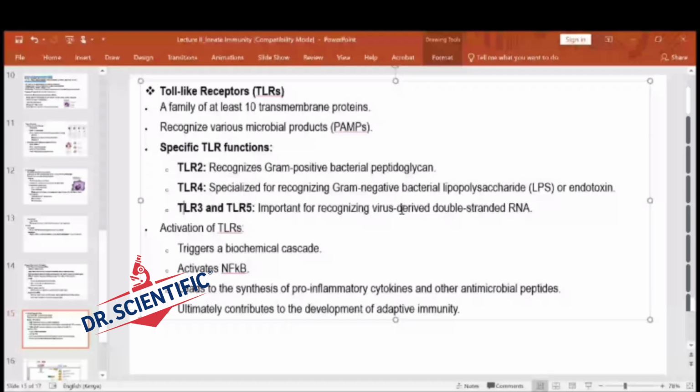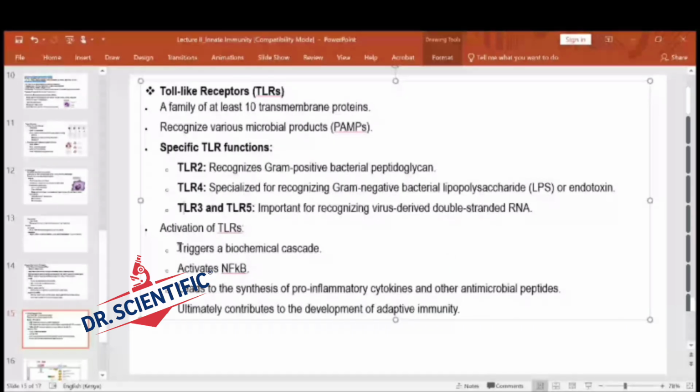It recognizes lipopolysaccharides. Gram-negative bacteria usually produce what we call endotoxins, which are toxins within the cell. Most gram-positive bacteria usually produce exotoxins, toxins outside the cell. Then toll-like receptor 3 and toll-like receptor 5 recognize double-stranded RNA. Those are the PAMPs they recognize.